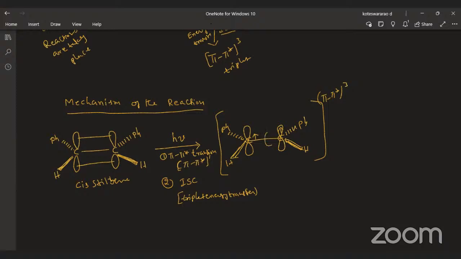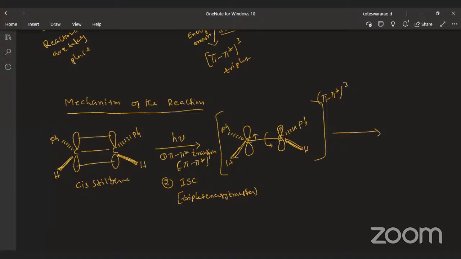When it undergoes CC bond rotation, one of the electrons undergoes spin inversion, which initiates the new bond between these two carbons.